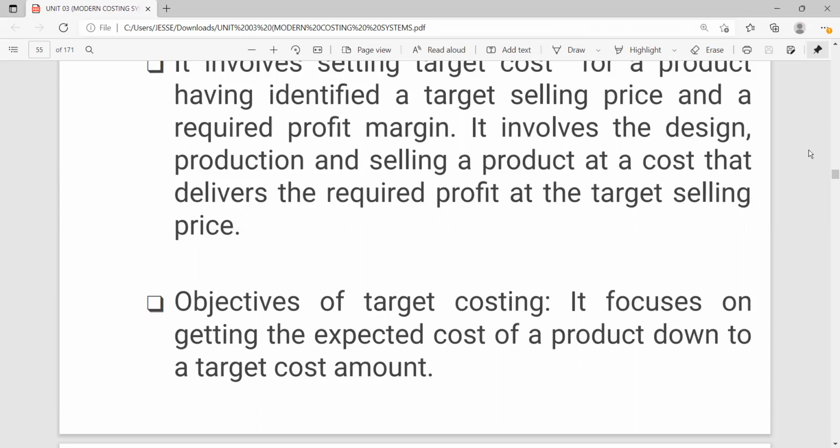You must come up with materials and labor and overheads. All of that must come to the tune of $7. So that becomes your target cost. It's a cost you work at.